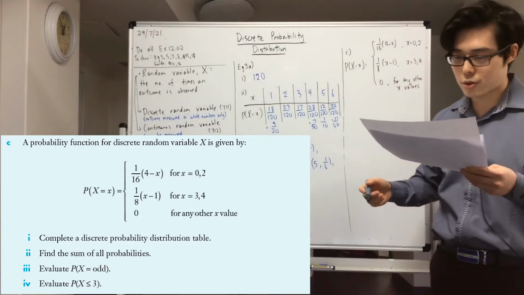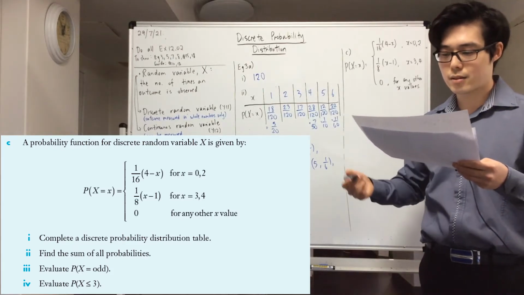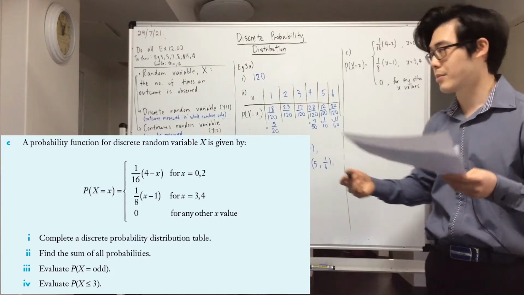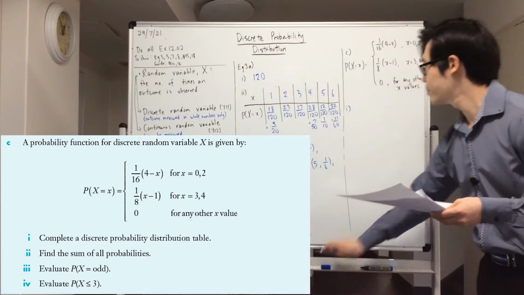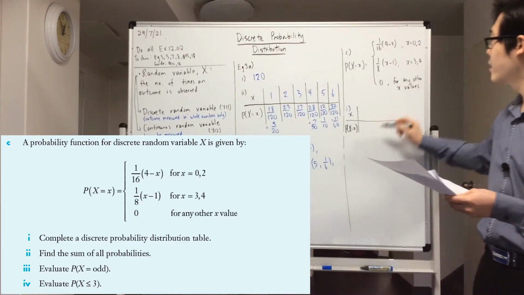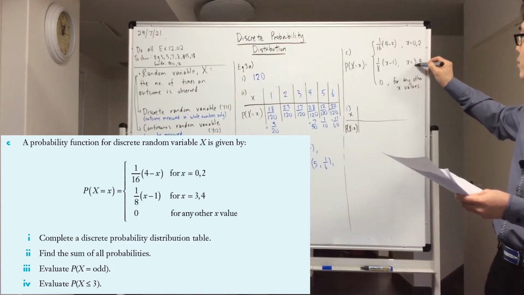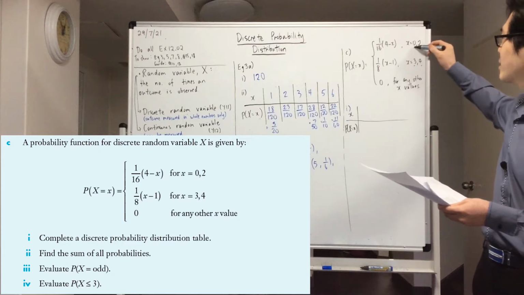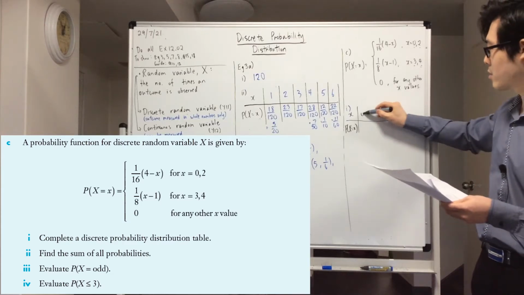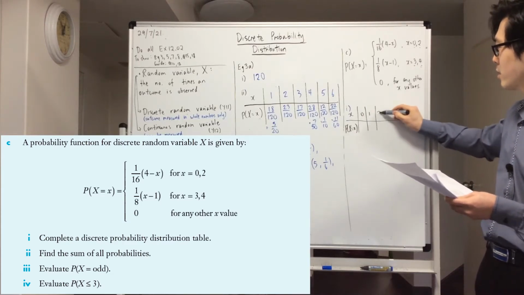So they want you to draw a completed discrete probability distribution table, okay? So basically draw the same thing as what I've drawn there. Now, it's got 0, 2, 3, 4, and any other x values. That means all the values in between 0 to 4, okay? So 0, 1, okay?